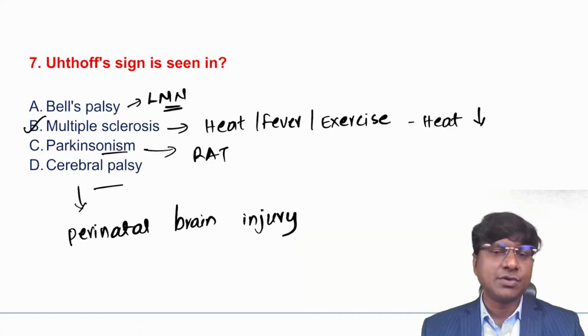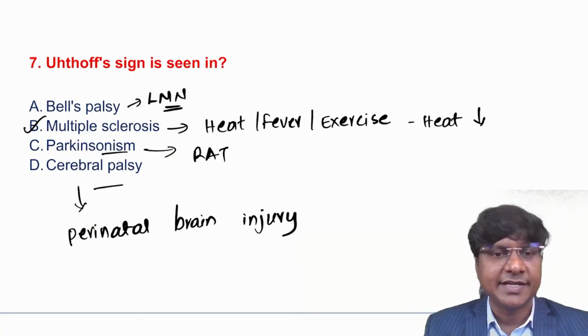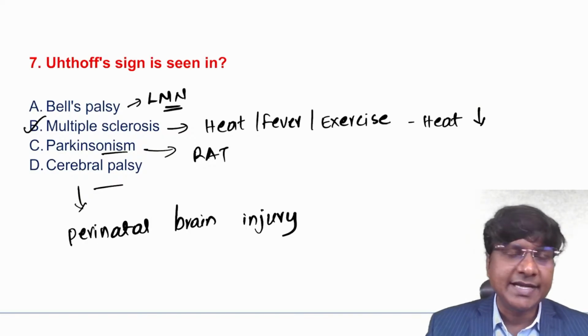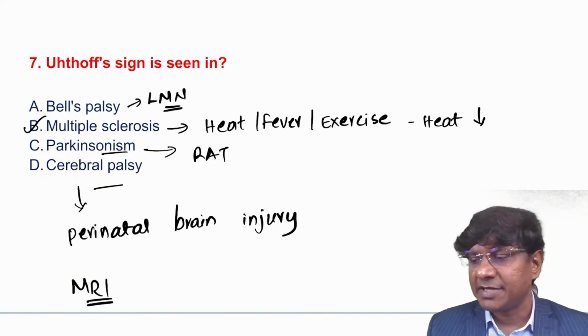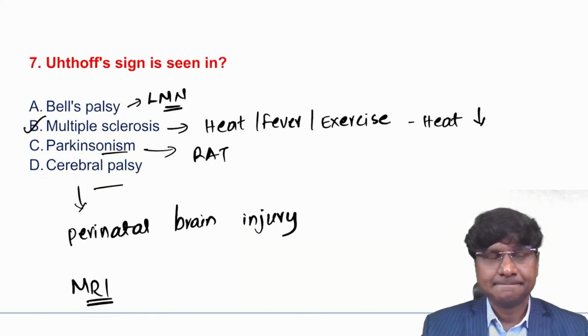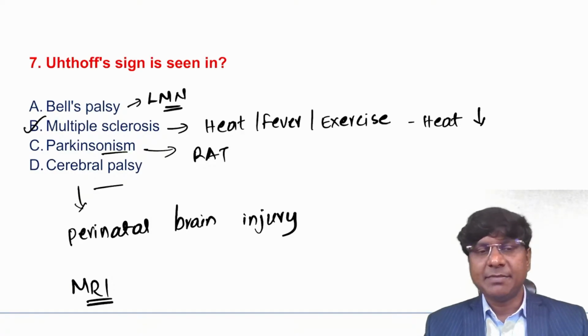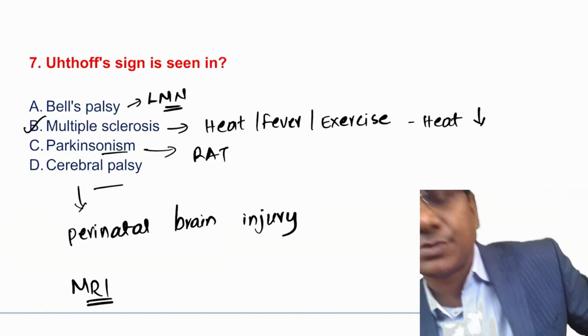And this multiple sclerosis, what exactly is it? It is a demyelinating disorder of the central nervous system, and it's an autoimmune disorder. Can anyone tell me what will be the MRI finding in patients with multiple sclerosis? Anyone?